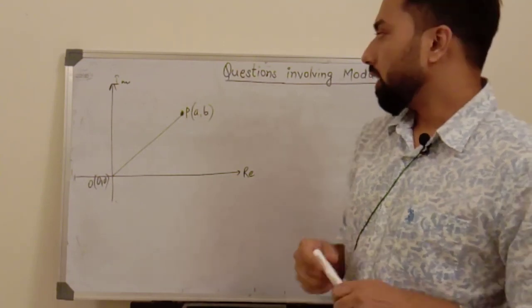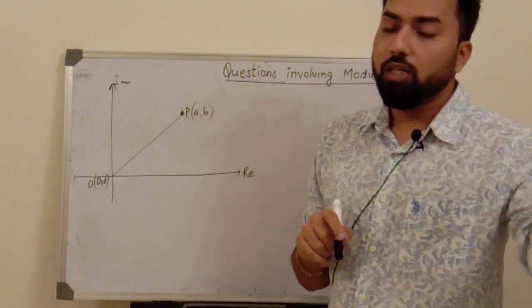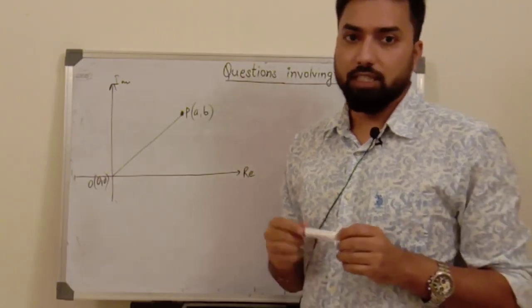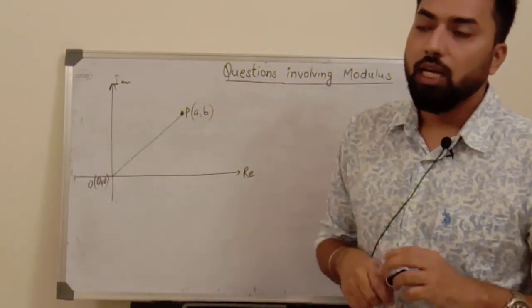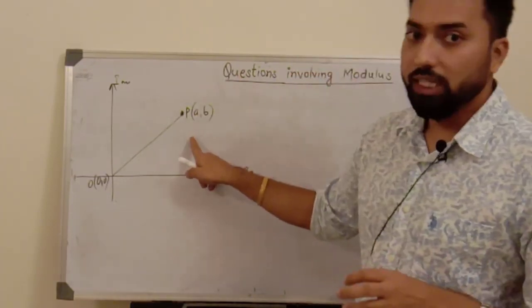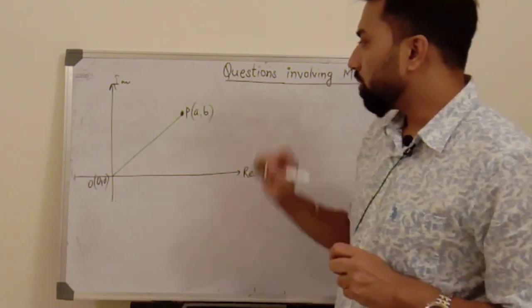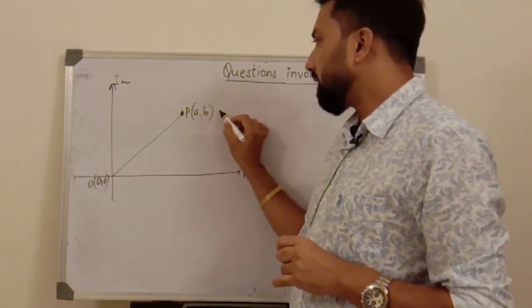For example, corresponding to the point 1, 2, there is a unique complex number 1 plus 2i, and corresponding to 1 plus 2i, there is a unique point 1, 2. Let's say this complex number is z.